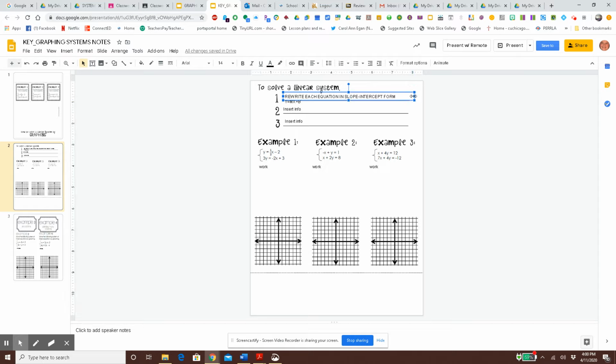Might have to expand my box just a little bit here. We should remember that the m is the slope and the b is the intercept. So identify the m, which is the slope, and b, which is the y-intercept, and graph each equation.